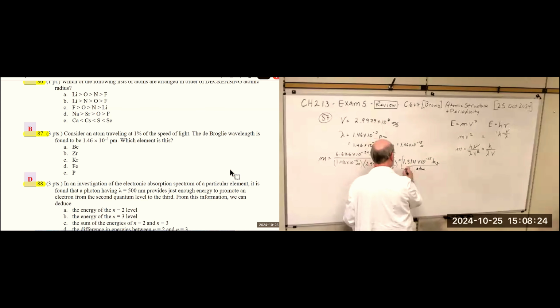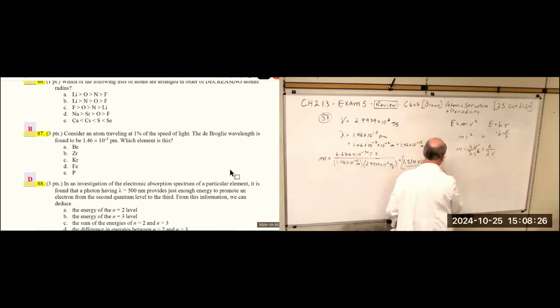Okay, so now we can take this. Say we got to convert this to grams. Grams per mole is molar mass. So we convert this to grams first. 1 kilogram is 1,000 grams.